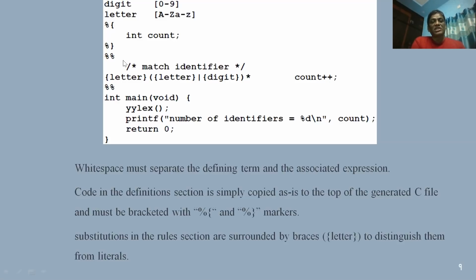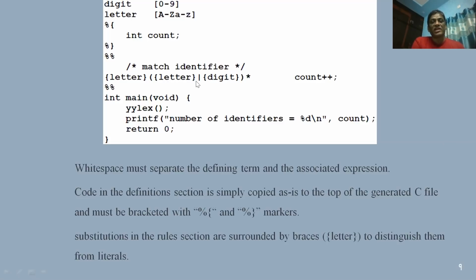And in the matching part, that is the rules section, this is the pattern: a letter followed by any combination of letters or digits.